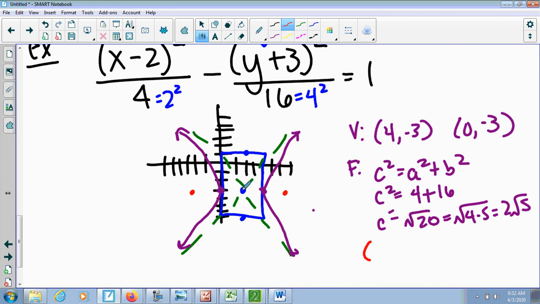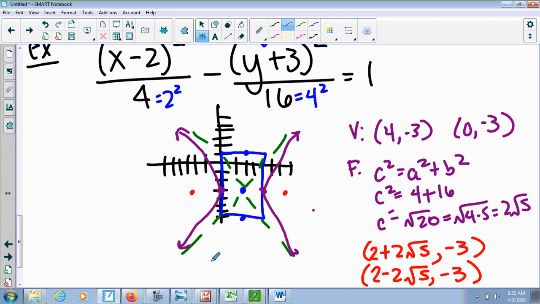We were at 2, and we went right square root of 20, or 2√5. So our x value is now going to be 2 plus 2√5 at this point. And the y value is still -3. We didn't go up and down at all. And over on the left focus, we were at 2, and we went to the left 2√5. So when you go to the left, that's a minus. So 2 minus 2√5. The -3 is still the y value for that.